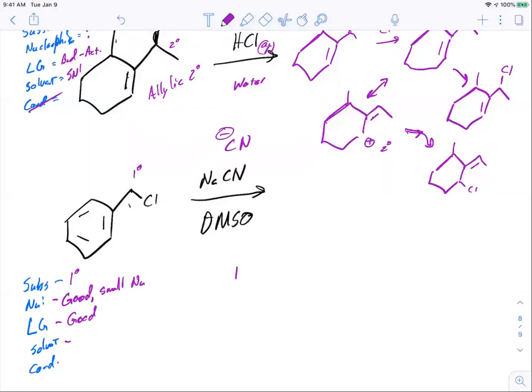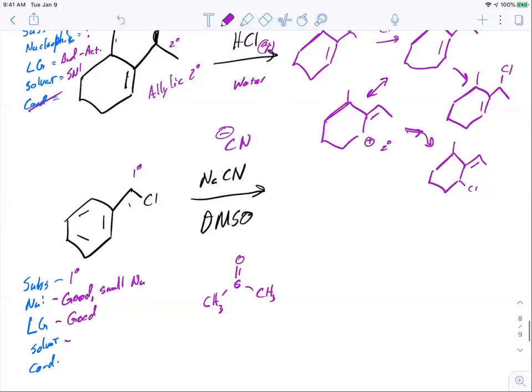Solvent, the DMSO is dimethyl sulfoxide. It's very polar. It's one of the most polar solvents you can get, but also notice that it is aprotic. Or sorry, polar aprotic, not apolar. So it is a polar aprotic solvent.